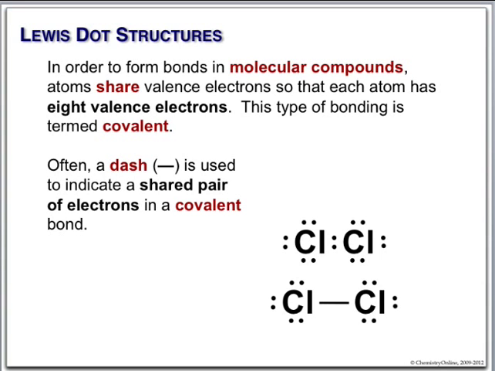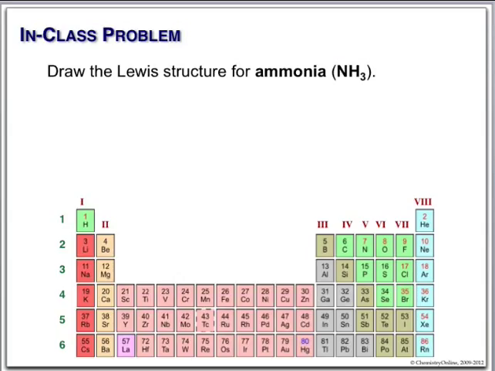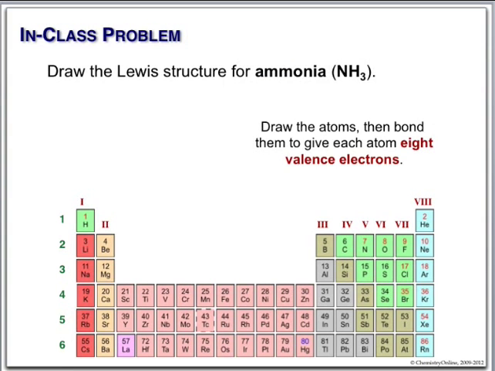All right, shall we make a real molecule? Let's do ammonia. Ammonia is 1 nitrogen bonded to 3 hydrogens. Okay? Now, first thing you do is find them. We're going to put our nitrogen in the middle, and we're going to put our hydrogens around it.